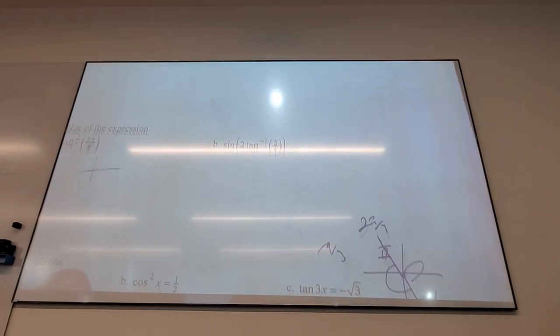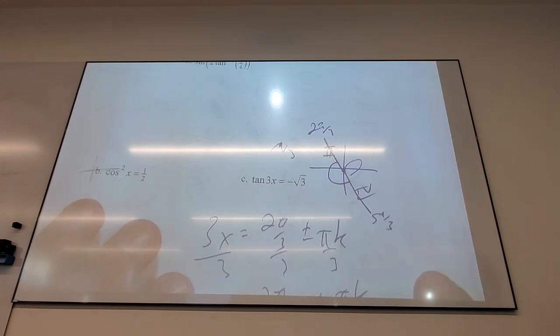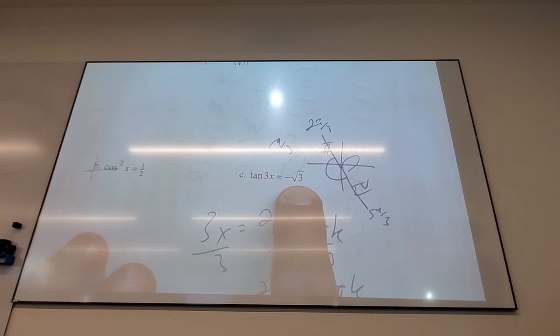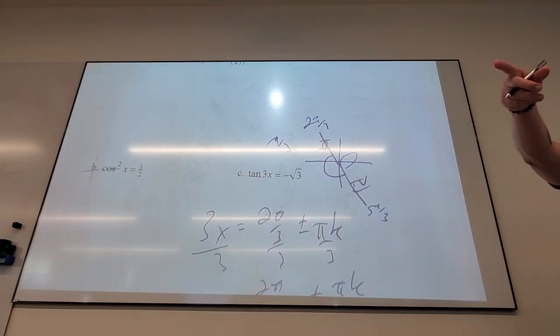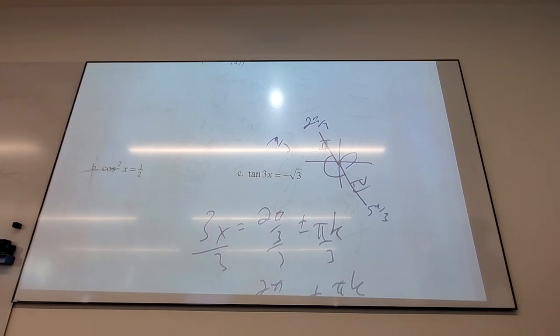Let me see. Where did I do it? Here we go. Let me see. Can somebody do the inverse tangent of negative rad 3? If you have a calculator. Inverse tangent of negative rad 3. Make sure you're in radians.